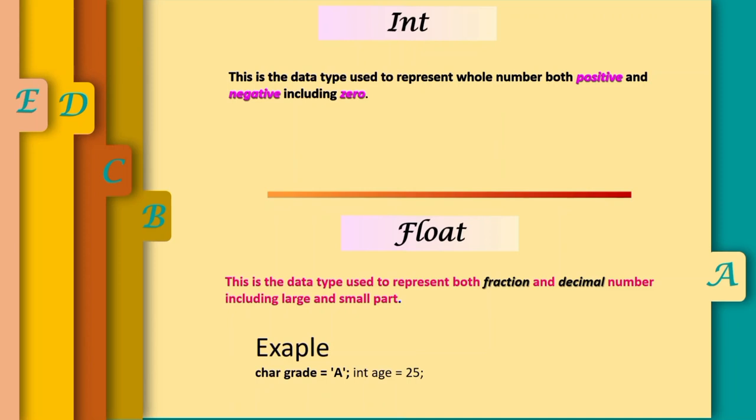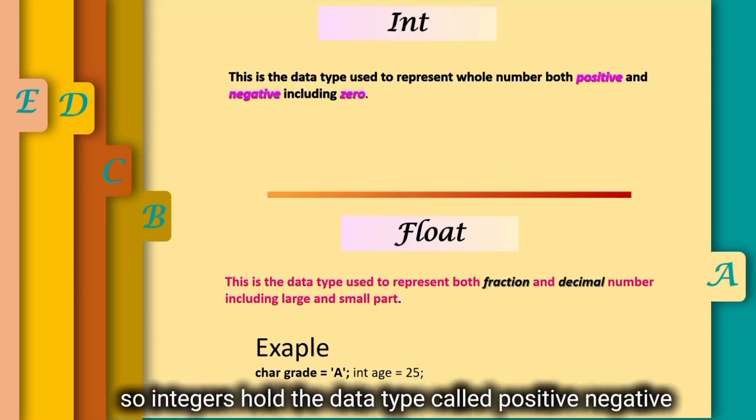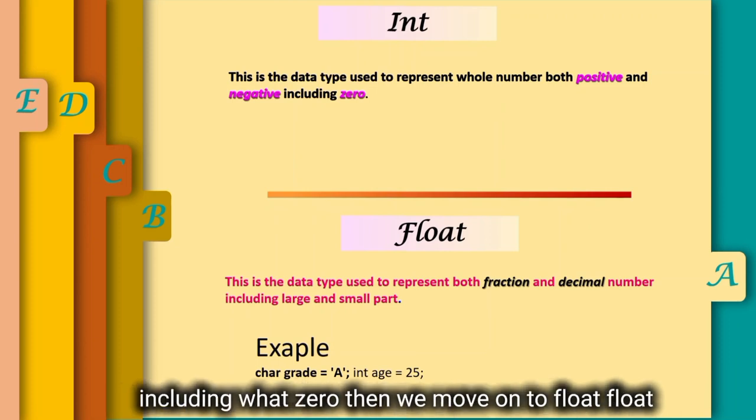So here we are looking at the data type and also the type of data they can hold. Integers hold positive and negative numbers, including 0.